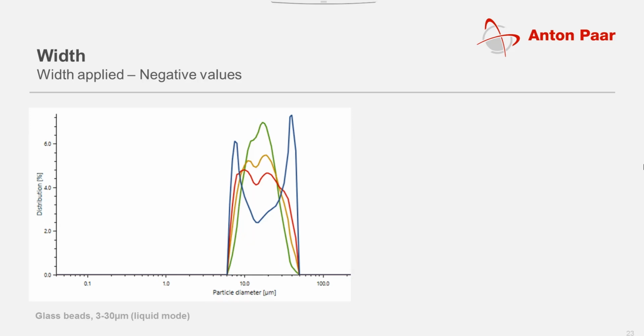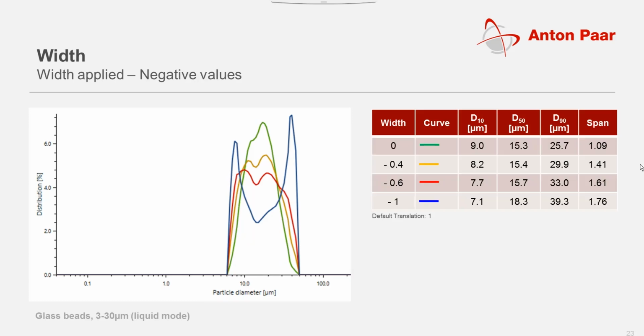In the following slide, the effects of negative width values on the same sample are presented. And by decreasing the width, the D10 and D90 change as well. The D10 in this case is decreasing, while the D90 is increasing. It can be noted that at very negative values like -1, the D50 is also affected, and the particle size distribution becomes not meaningful anymore.